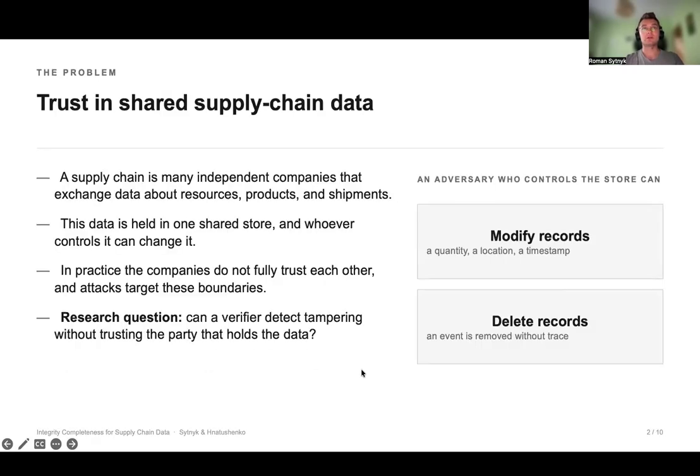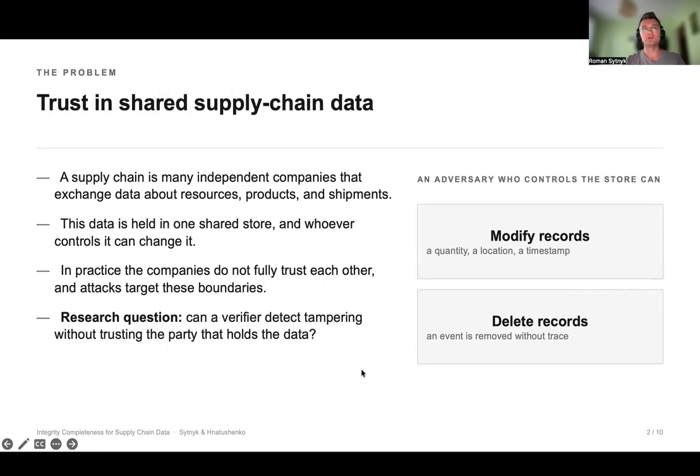First, the problem. A modern supply chain consists of many independent companies that exchange data about resources, products, and shipments. This data is held in a shared store, like a database on, for example, some backend. We consider that we have an adversary that controls this store. Such an adversary can modify records, for example, quantity, location, timestamps.